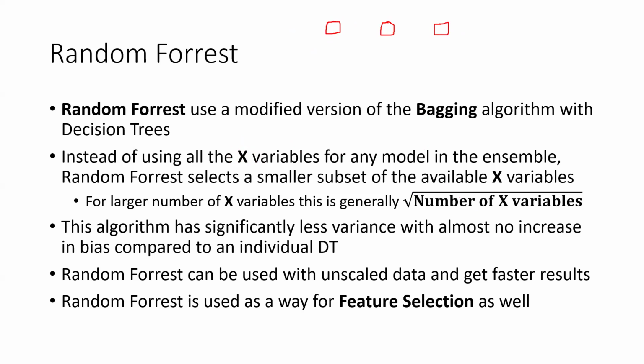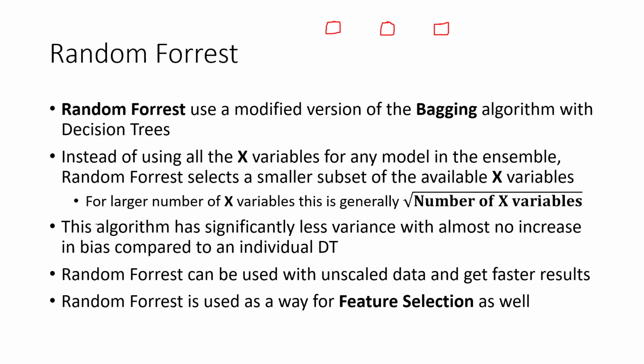Generally we select only a subset of x variables for each decision tree. Generally, the number of x variables selected is the square root of the total number of x variables. This is just a rule of thumb value, but you can select any proportion of the available x variables.